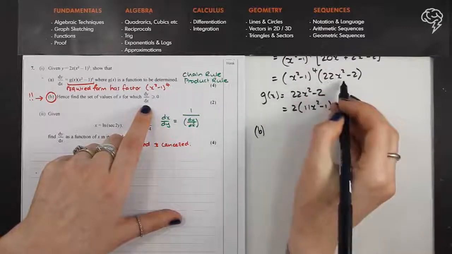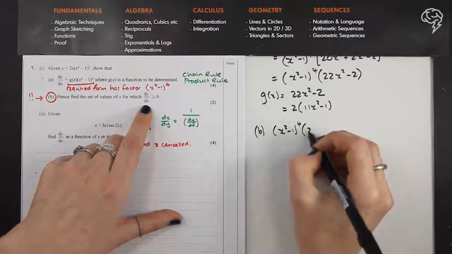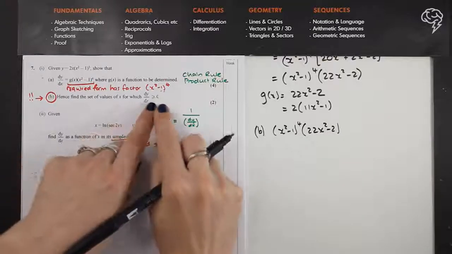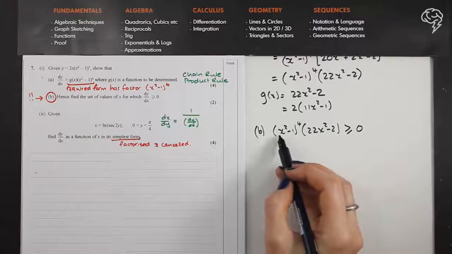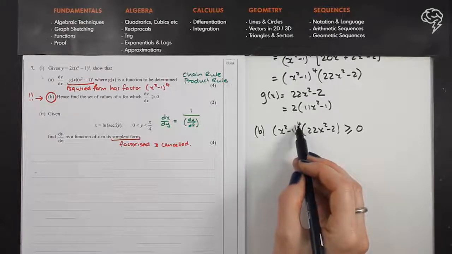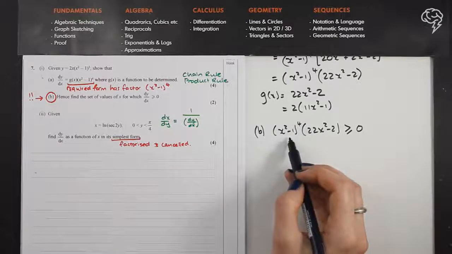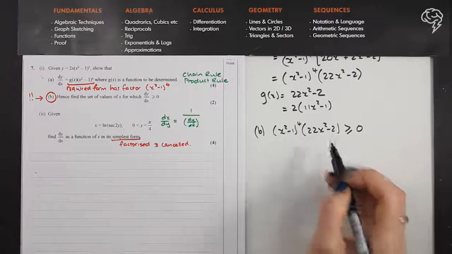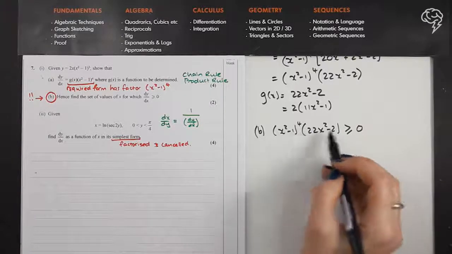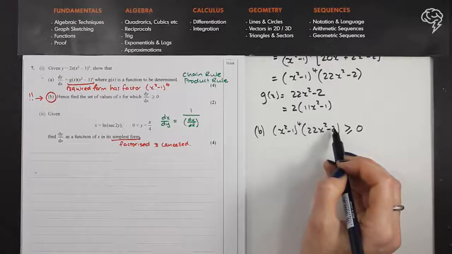This is dy by dx here. And we need that to be greater than or equal to 0. Now, anything squared is always greater than or equal to 0, always. So if this product is greater than or equal to 0, then this bit here must be greater than or equal to 0.